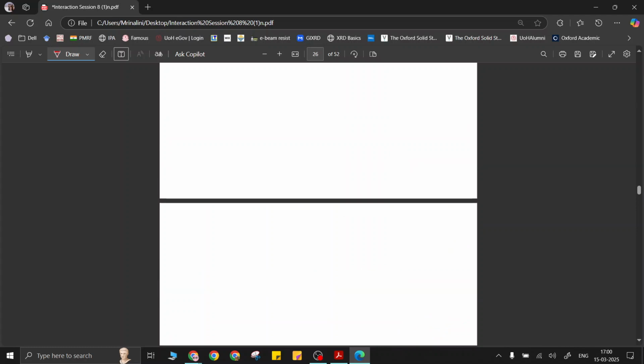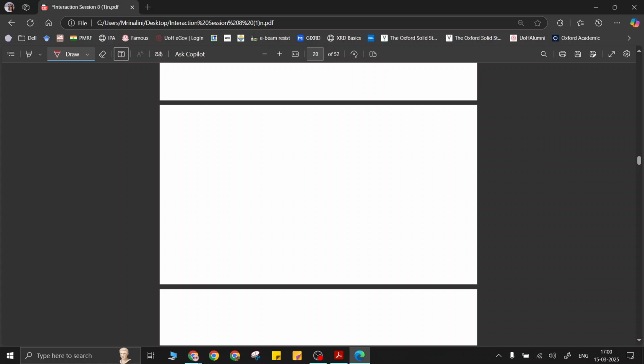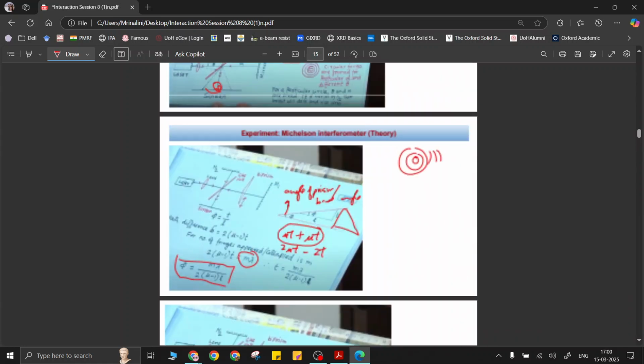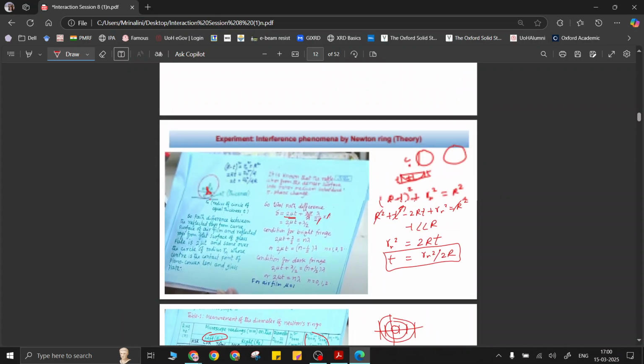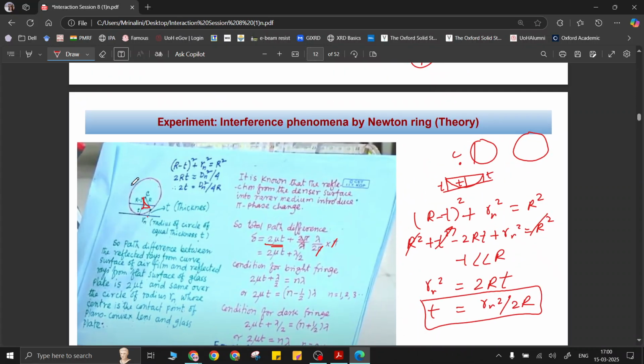When we were talking about the theory or working principle to obtain the working formula of the Newton's ring experiment, we had taken a top view of this lens system, and then we found 2t is D n squared by 4R.